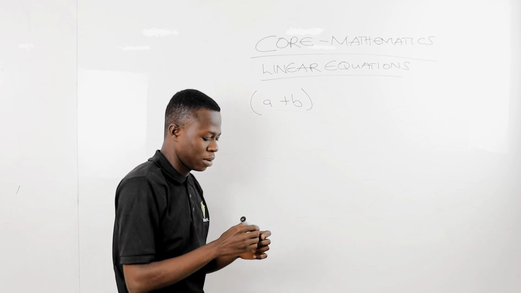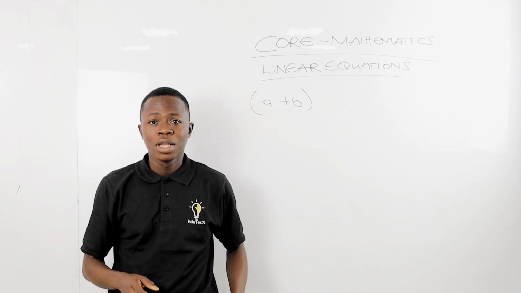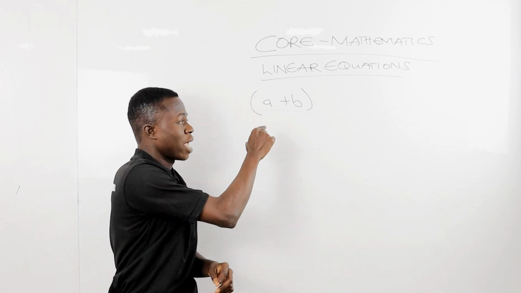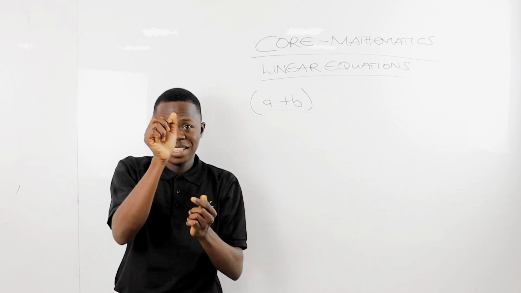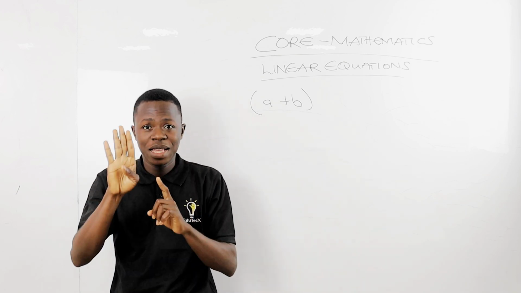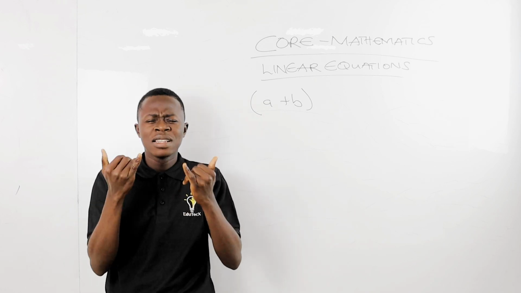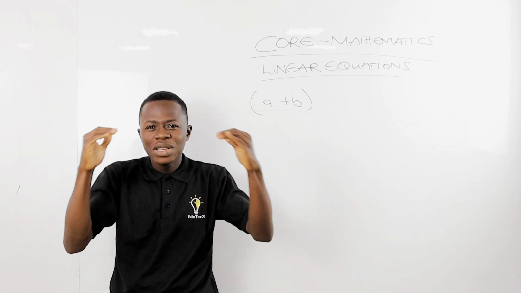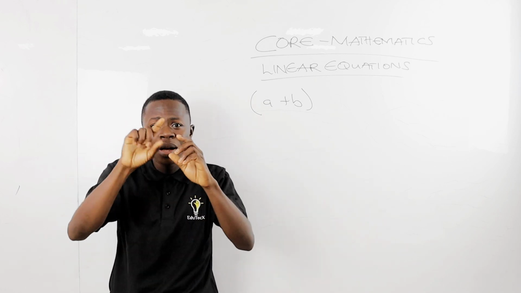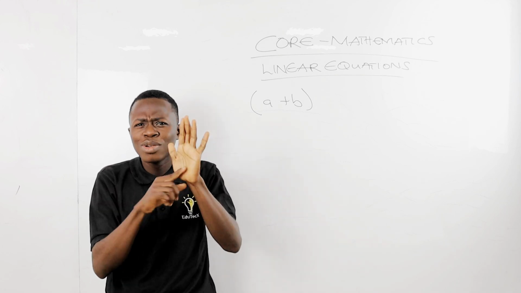So on the board, we have an example like a plus b in one bracket. So you see there is a bracket, then we have a plus b, then another bracket that closes it. So this is what we mean when we talk about a bracket.